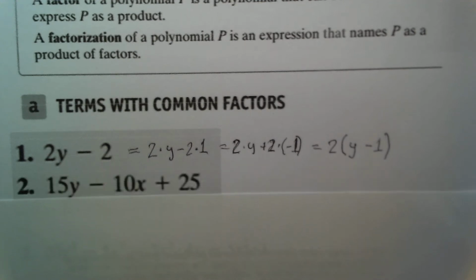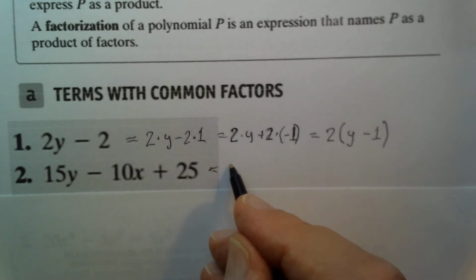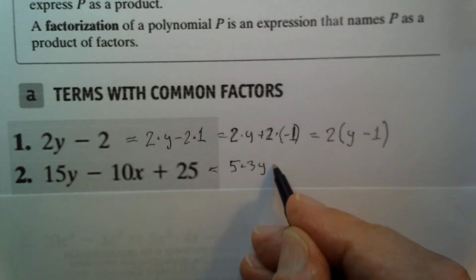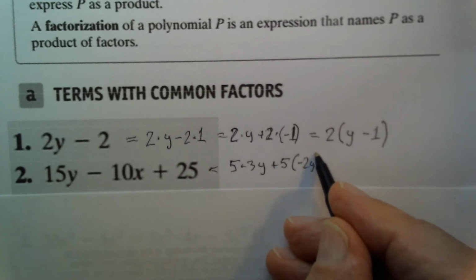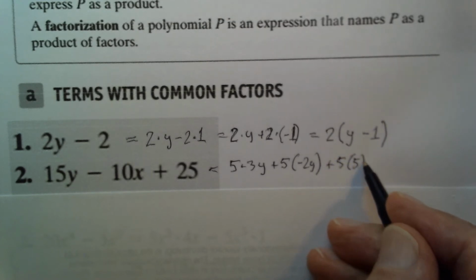And when we look at example number 2, the best thing to do is to look at the coefficients first and see if there's a common factor among the coefficients. And when you look at 15 and 10 and 5, you notice that 5 is a common factor among all of these terms. So we can write this as, let's say, 5 times 3y plus 5 times minus 2y, and we can write this as 5 times 5.